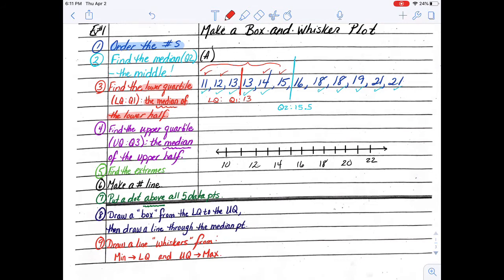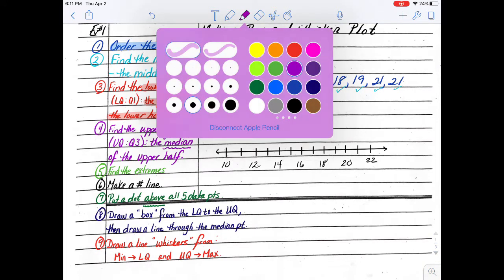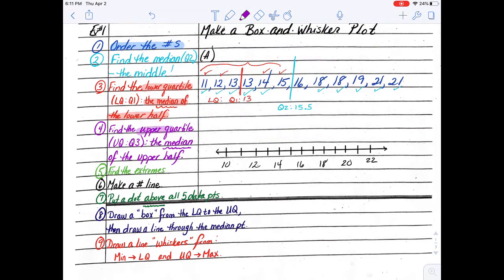Now we can go ahead and look at our next one, which is asking us to find the upper quartile. And again, that's still the median, but this time it's of the upper half. So that upper half, again, you can't use that middle Q2 number, that line. That's the middle. We're going to use everything on the right of that, looking only at those 6 numbers.